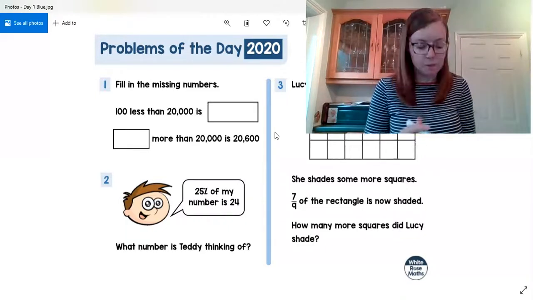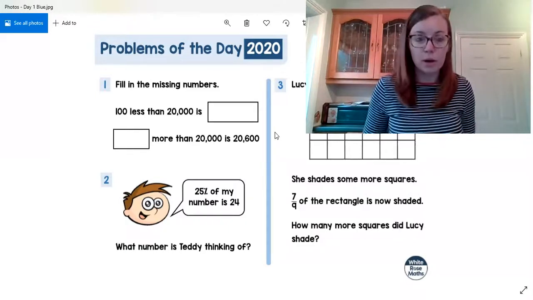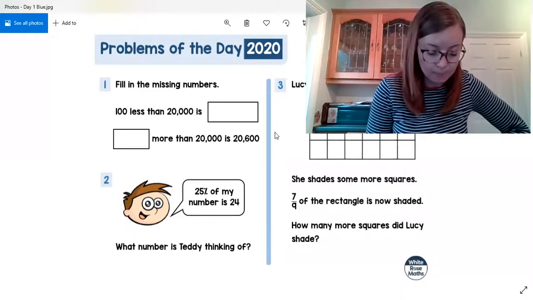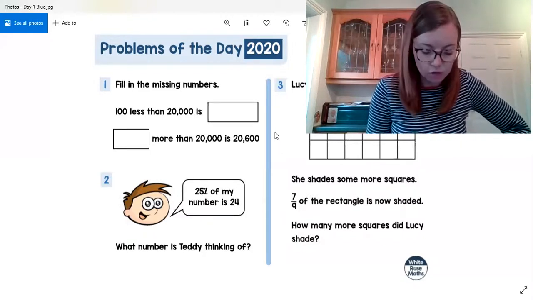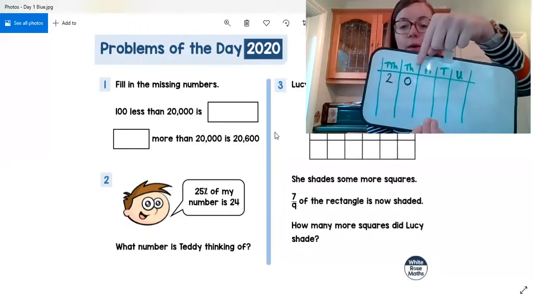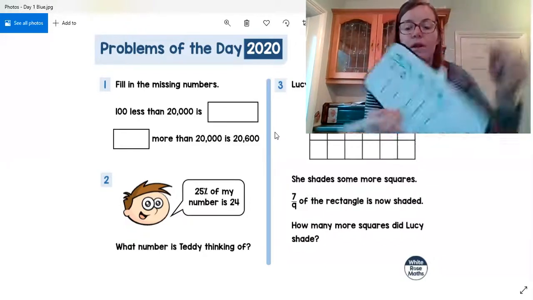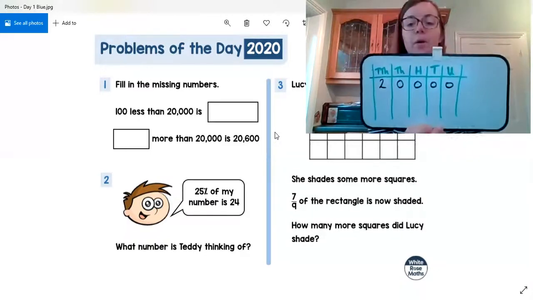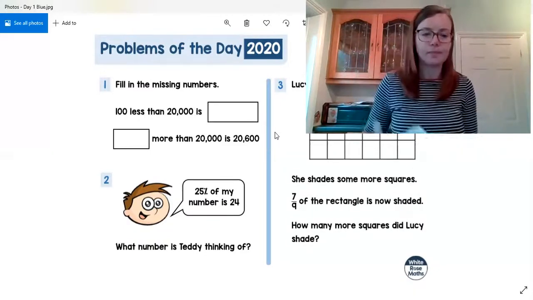So if I fill in the number 20,000, what I'm going to do is put a 2 in the tens of thousands column and a 0 in the thousands. So you can see already we've got 20 thousands and then we've got nothing for the rest. So there is my number 20,000.